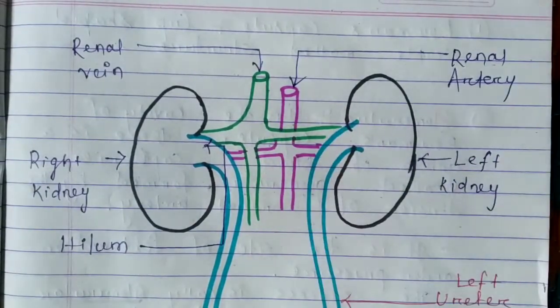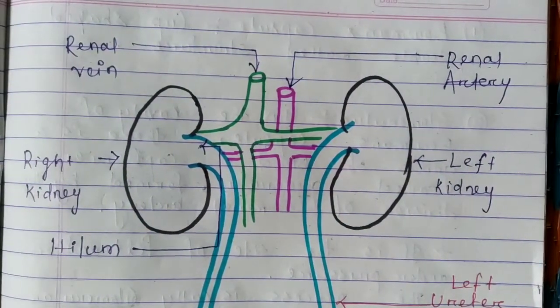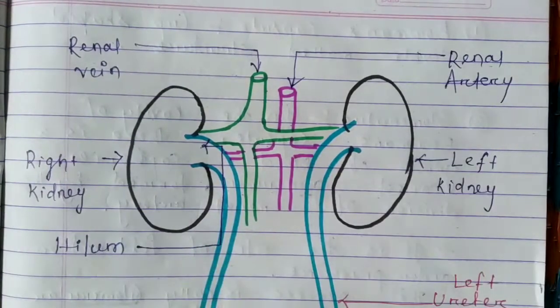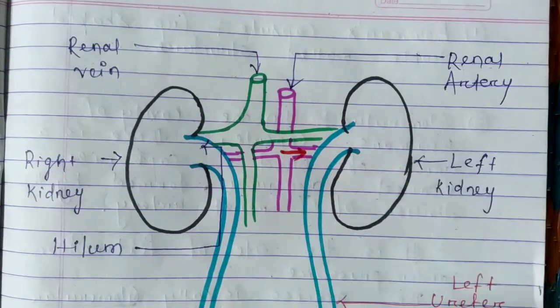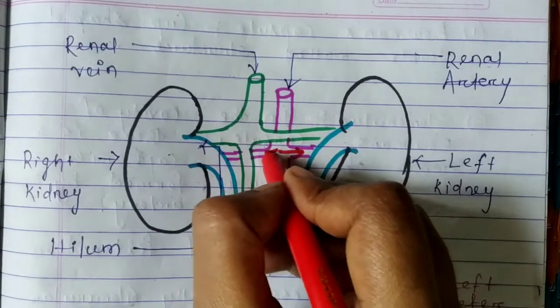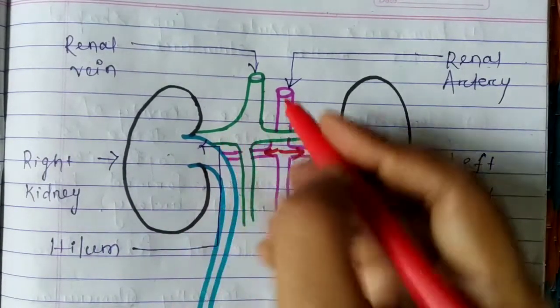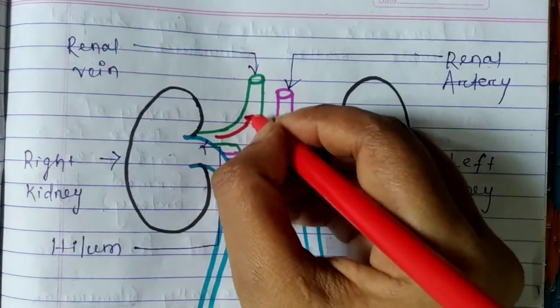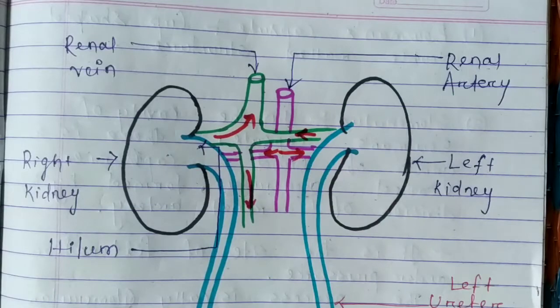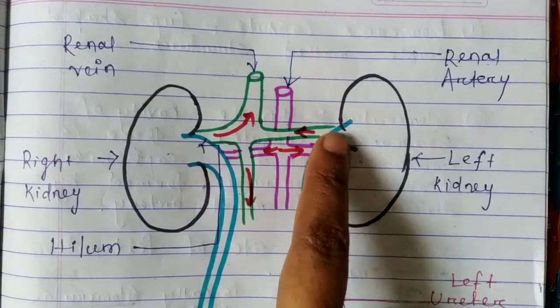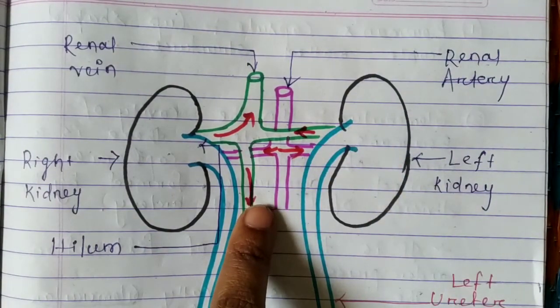This renal vein we have already seen in the excretory system part. So in the renal artery, the blood is going into the kidney, and through the renal vein, the blood is going out. Now I hope you can understand the renal vein and renal artery that we drew during the excretory system.